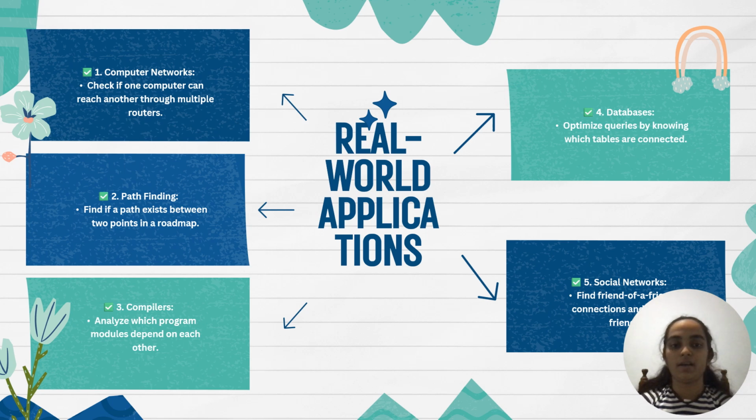Third, in social networks, to find friend of a friend connections. Fourth, in databases, to optimize queries by knowing connections. Basically, it is very useful when we need to find out if there is any way to get from one node to another.